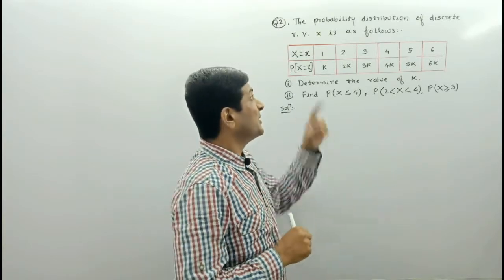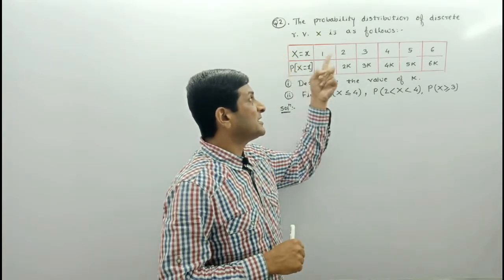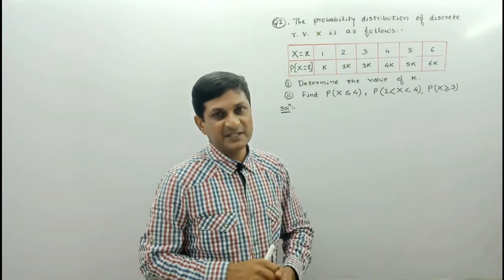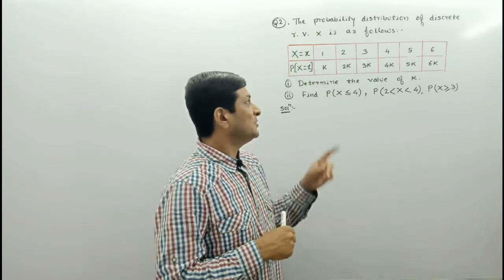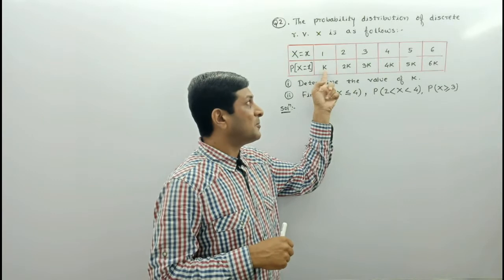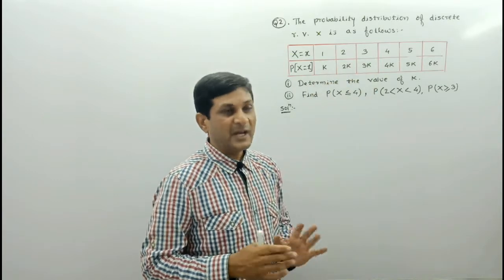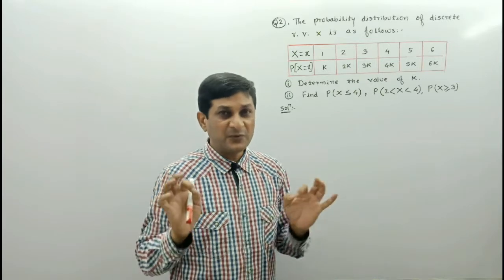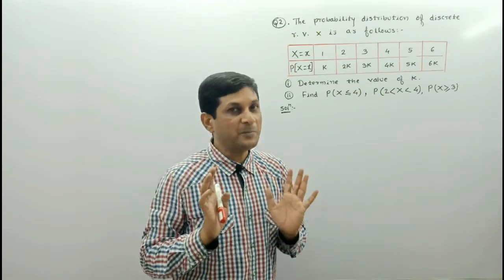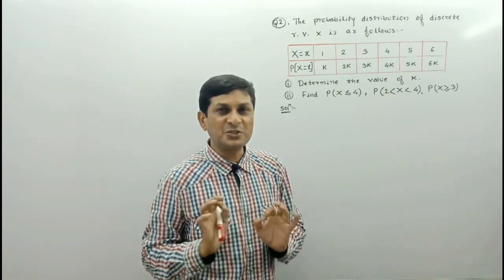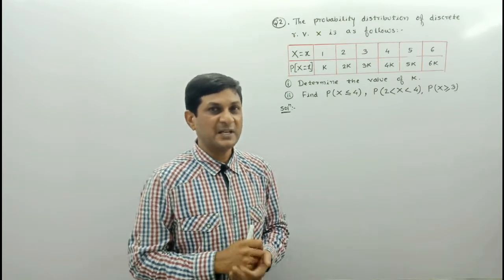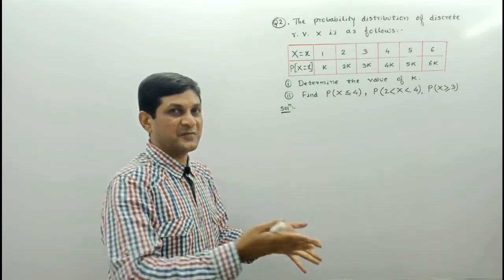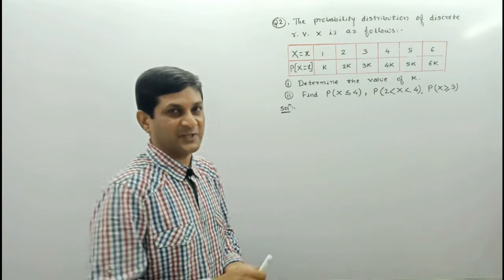In this question number 2, the probability distribution of a discrete random variable is given to us, and using this condition we have to determine first the value of k. Here k is one unknown value, and later on we have to find out these 3 values also. First we are trying to find out value of k using the condition that this is the probability distribution of x. If it is a probability distribution, means definitely it will be a probability mass function also.